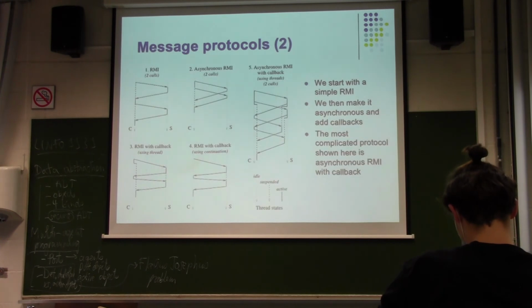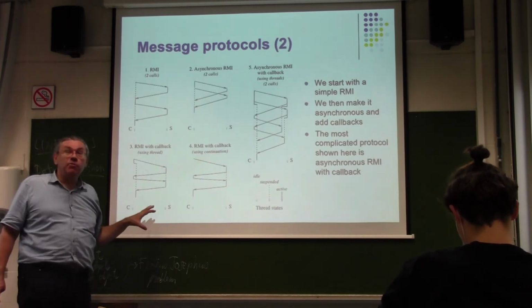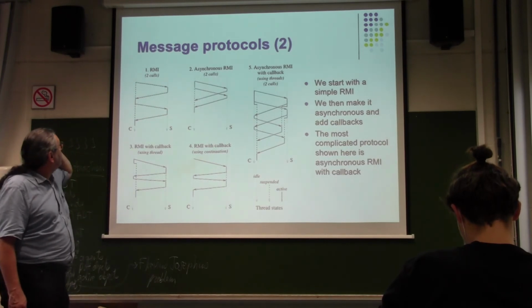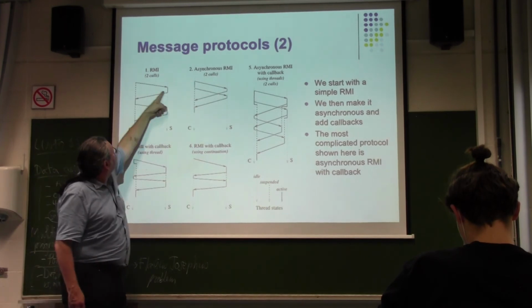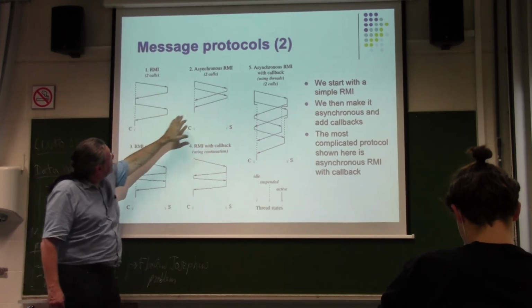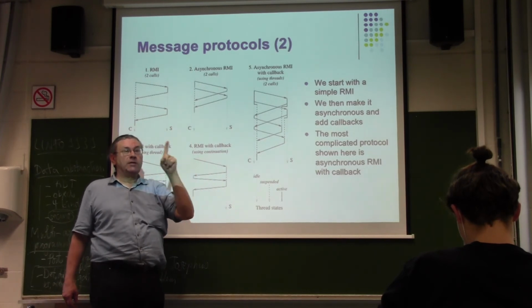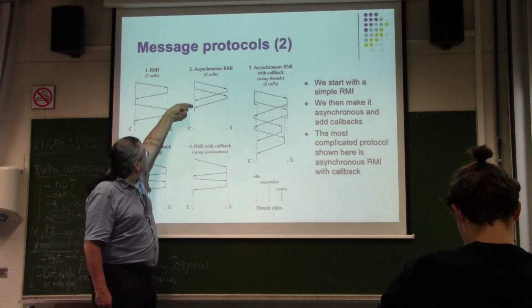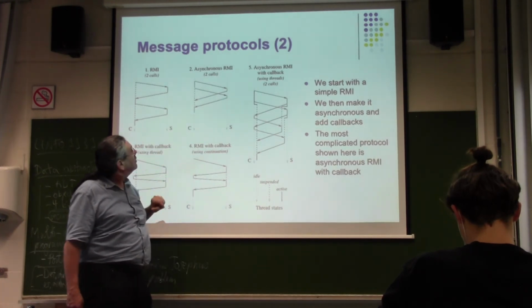Or you can have multiple messages going back and forth, that actually are one thing in a higher level language. So remember, I just want to show you this picture, what we saw in the previous course, to refresh a little bit your memory. So we saw RMI, so this is just send and return. We saw asynchronous RMI, remember? When you send two messages and you wait for two results to come back, and they can overlap.